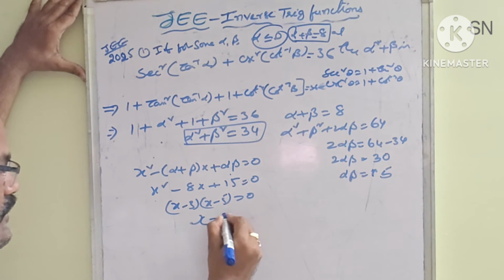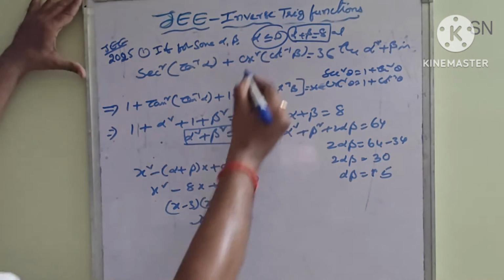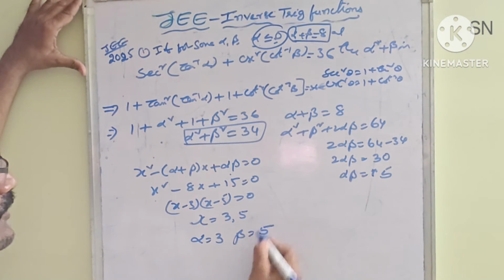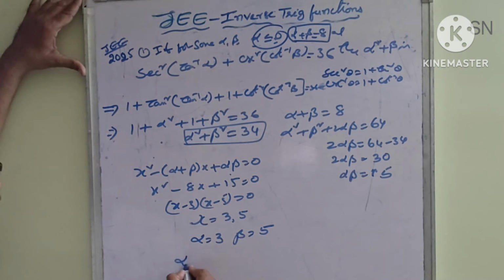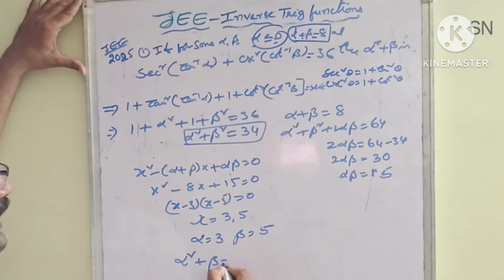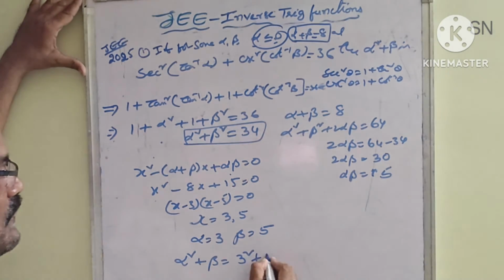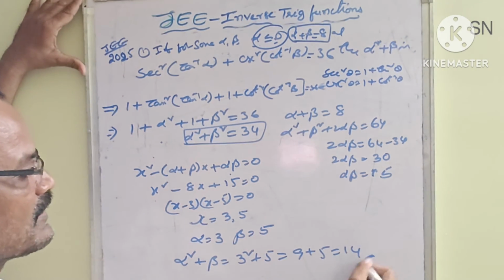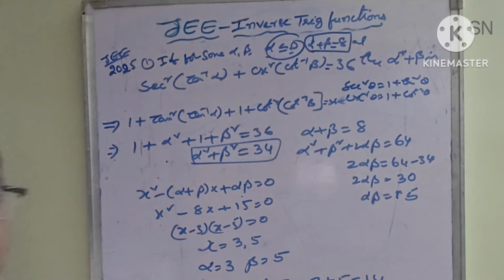So here x is equal to 3 comma 5. Now the condition alpha less than beta, so alpha is equal to 3, beta is equal to 5. Now find out the value of alpha square plus beta square. So 3 square, 9, plus 5 square, 25, that is 34. The answer is 14.